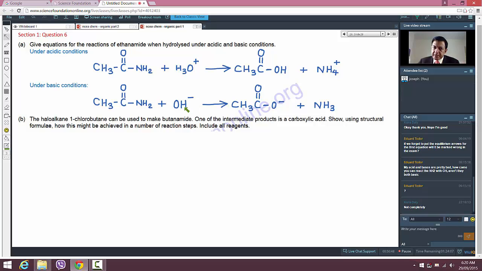Now our base will react with the acid to give you its conjugate base, the ethanoate ion. And under base conditions, the amine formed will stay as the amine, because a base doesn't react with a base. In this case, the amine is ammonia, so it stays as ammonia.